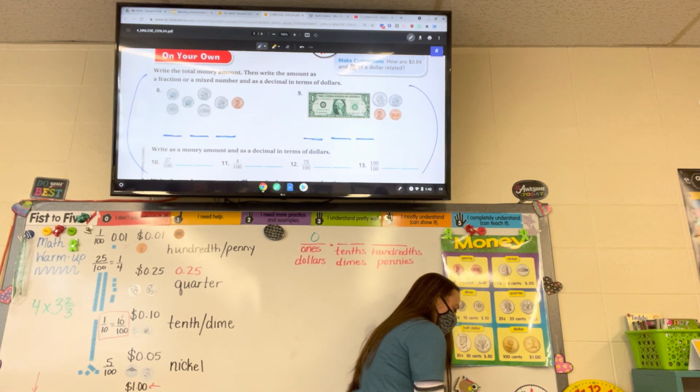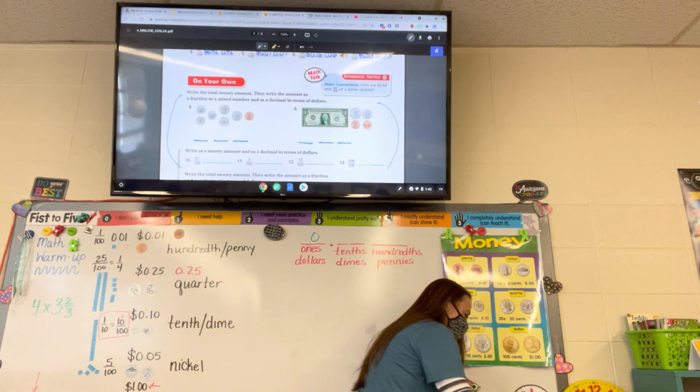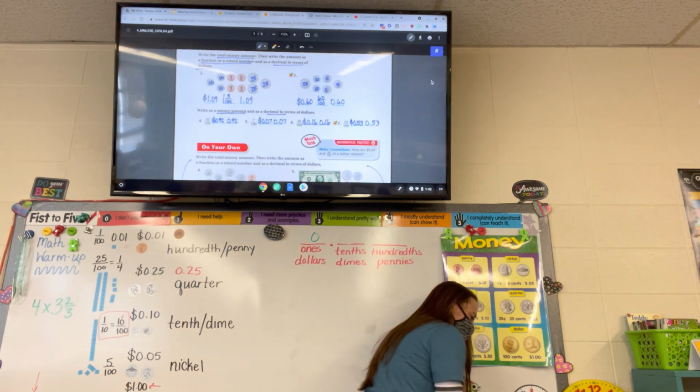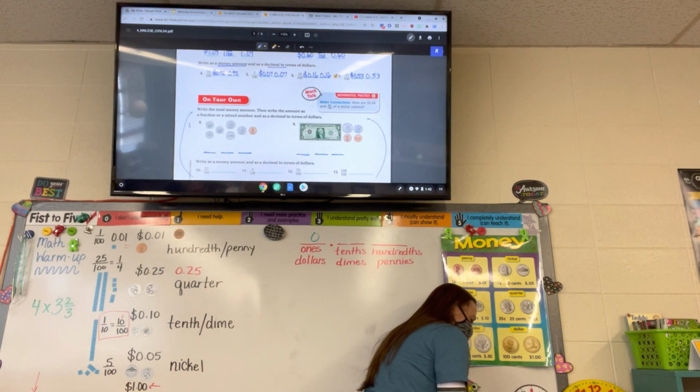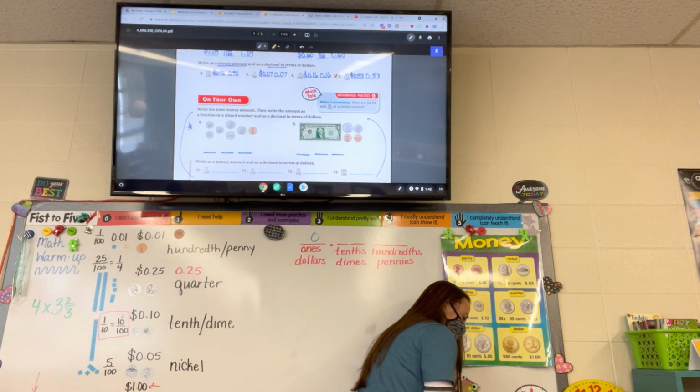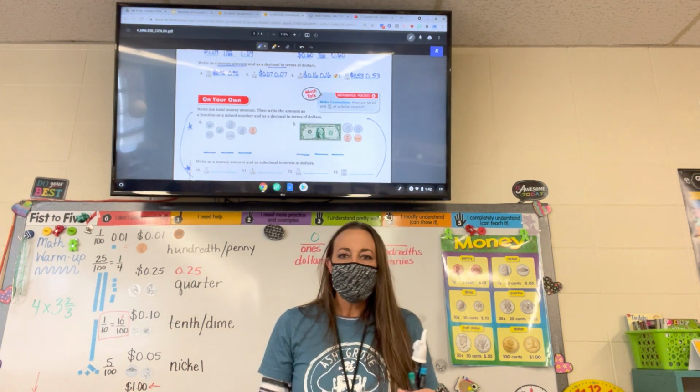Then down below, 8 and 9 are going to be just like number 2 and 3. 10 through 13 are like 4 through 7. You guys got it? All right.